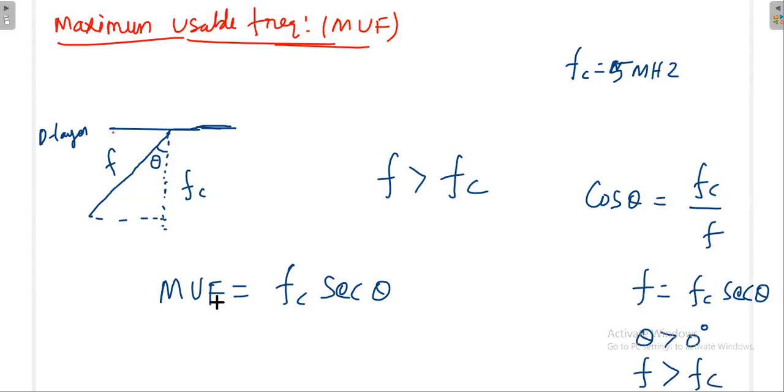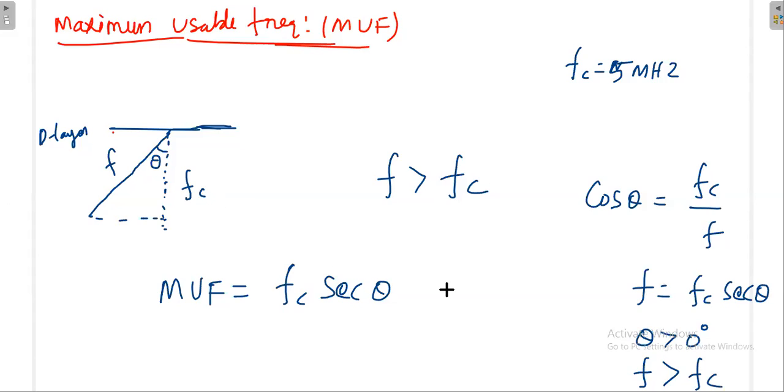Then this is your maximum usable frequency. That means when you are at some angle, instead of fc, you can increase your frequency further. That is the maximum usable frequency.